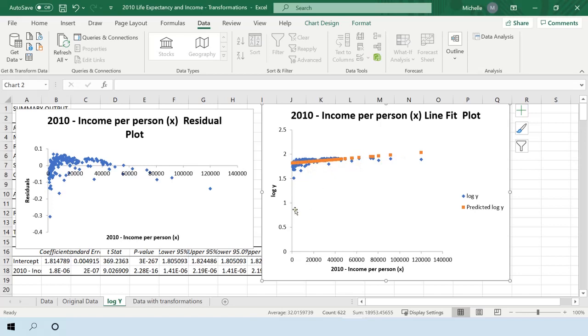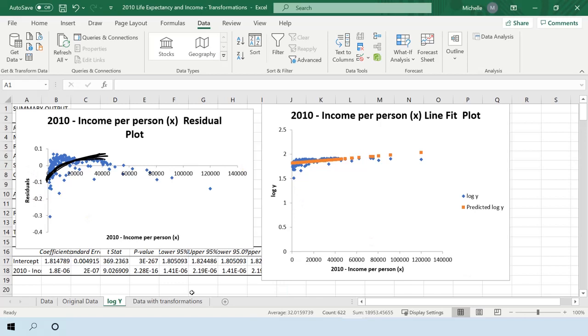So it definitely helped, but maybe there's something going on here that's like curving these residuals. Okay, so that curvature of those residuals, we may think, okay, maybe we should do some sort of transformation on x as well.